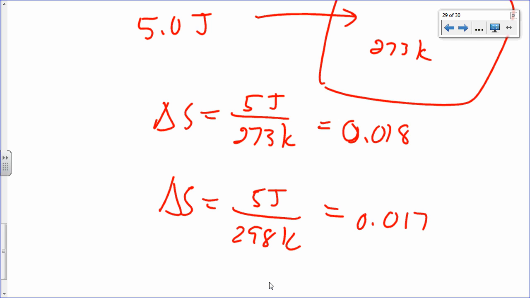Okay. One analogy I like to use for this is imagine thermal energy as the amount of money. Okay. So if you're transferring energy, let's imagine that as you're transferring money. And entropy, my analogy for that would be your level of happiness.